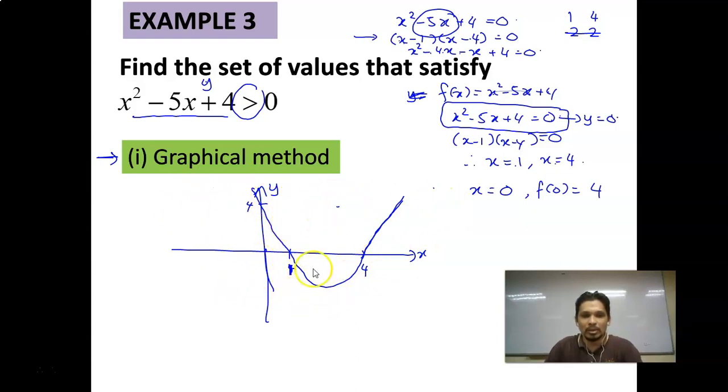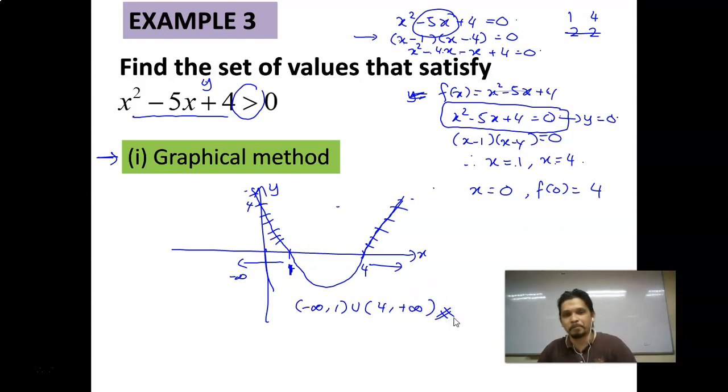Not down here, not below the x-axis, it's above. So it is all here, on the left side and right side. So the final answer in interval form is from negative infinity to 1 union 4 to positive infinity.